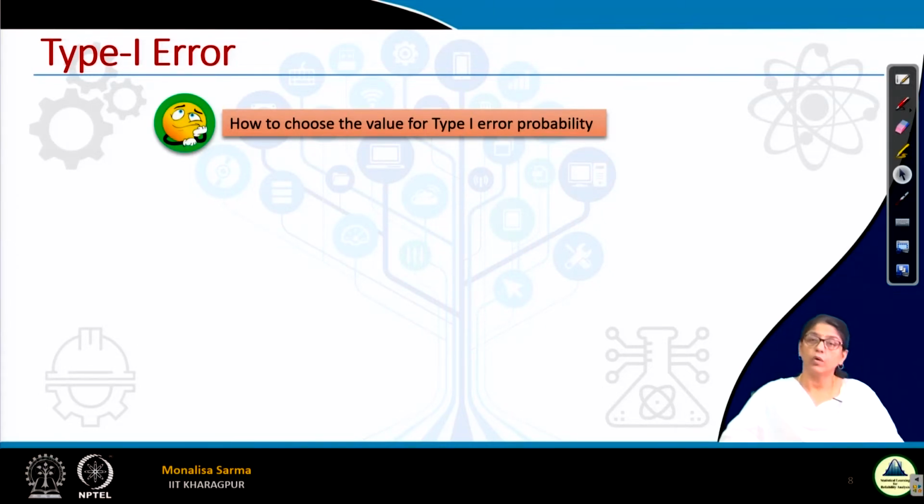Now the thing is, why should I keep it higher? Because already in my first lecture on statistical inferences, which I'll again talk about in more detail, I have seen that when I increase alpha, my beta decreases. That means if I increase my type 1 error, my type 2 error decreases. If I take my type 1 error at a very, very low value, my type 2 error will become very, very high.